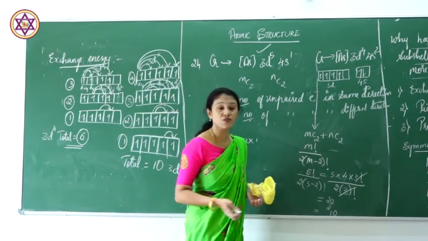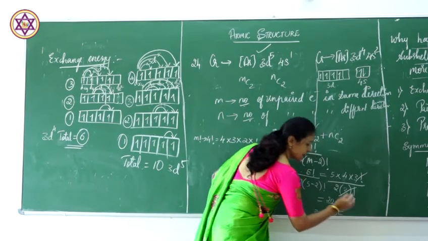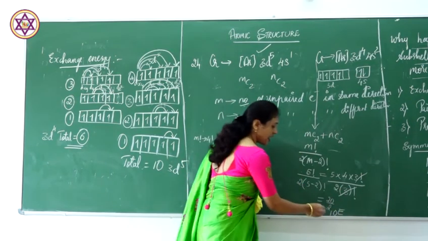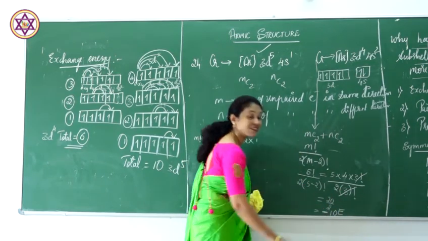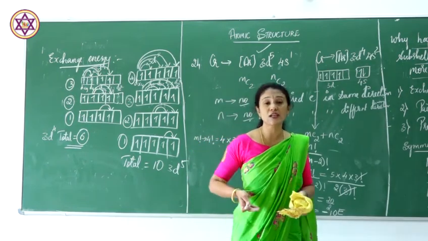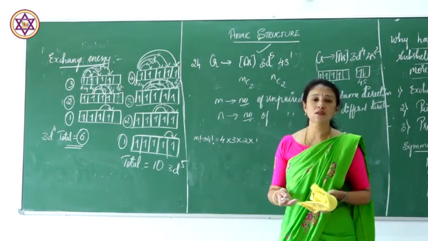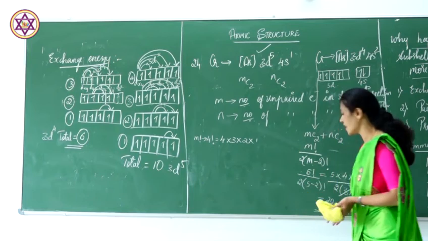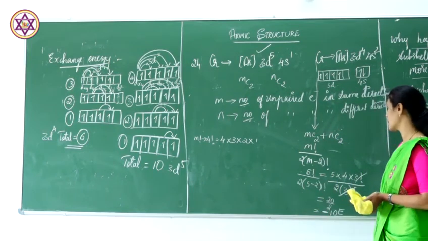Here the energy released is 10E, and I will take the negative symbol, minus 10E, because the energy is released and the process is exothermic in nature.